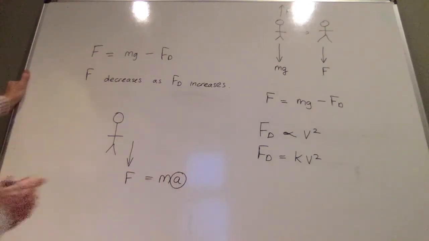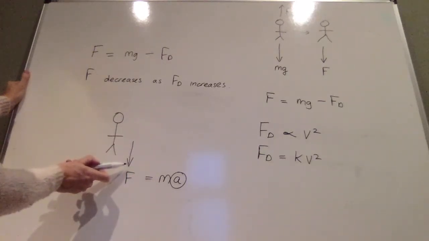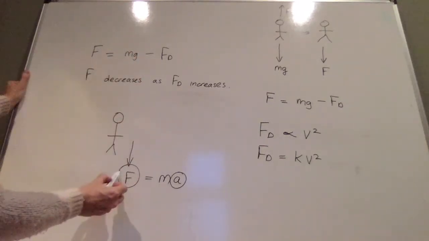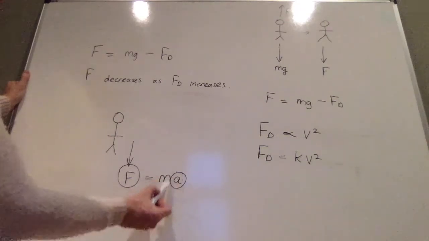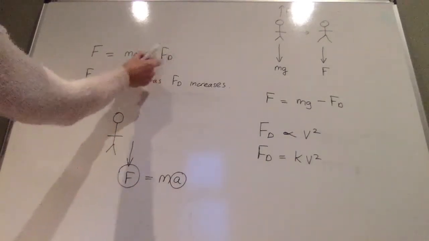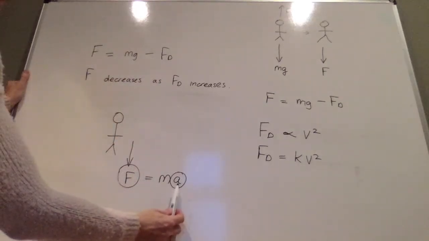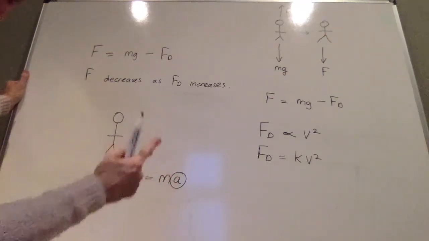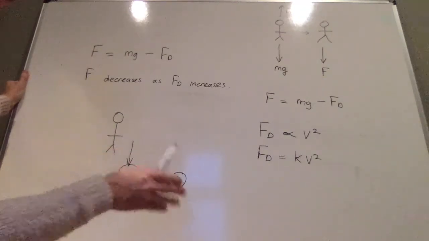So now it is no longer accelerating downwards at an acceleration of g, because now it has an upward force and a downward force combining to give this F. So this F divided by the mass of the body is the actual acceleration of the body. And as we said, if Fd increases, the overall force is decreasing, which means the body is accelerating at a lower rate. Now be very careful here. Accelerating still means its speed is increasing, but it's increasing at a slower rate.